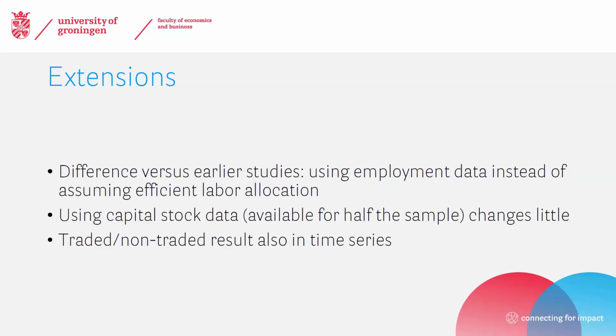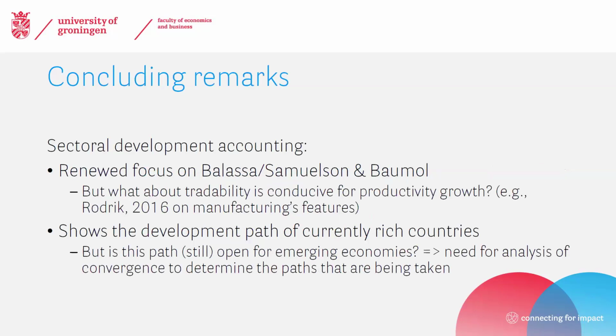Some of the work by Sang-Min Lee has also shown that this holds in a broader set of countries as well. So that gives us some further support that this traded and non-traded distinction is quite important, and that accounting for the tradability of different services sectors makes quite a bit of a difference here.